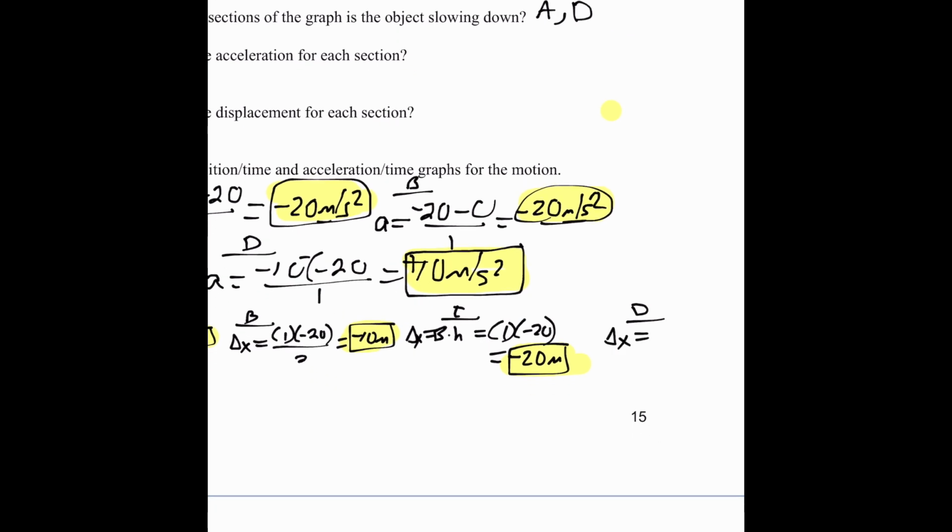So you've got the rectangle, base times height. So we're going to go 1 second times negative 10. That would be negative 10 meters. But then you also have this, which is 1 second times negative 10 divided by 2, which would, of course, be negative 5 meters. So delta x for this section would be negative 15 meters.